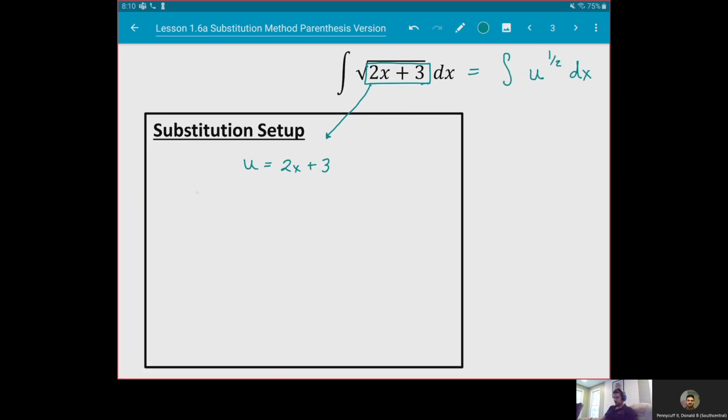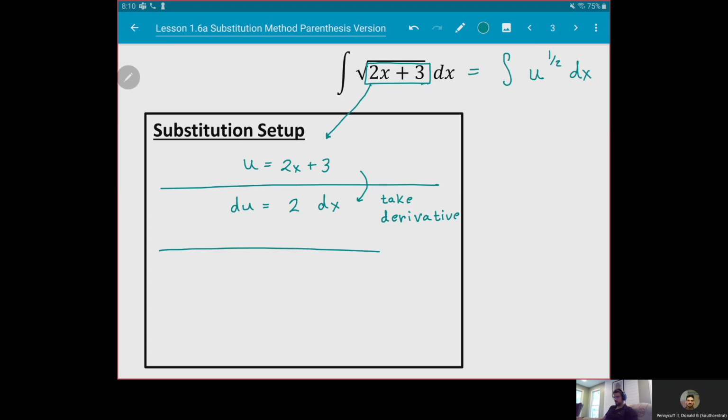So we've taken care of the first step. Now we're going to take the derivative of both sides. du equals 2dx. Okay, so all we did is take the derivative.